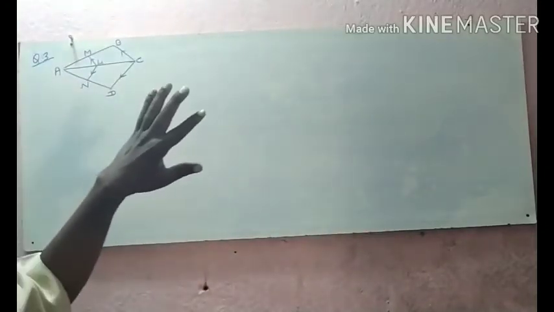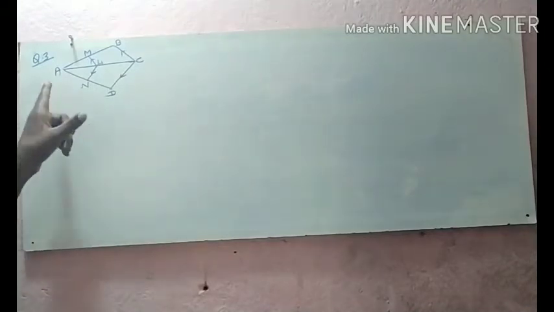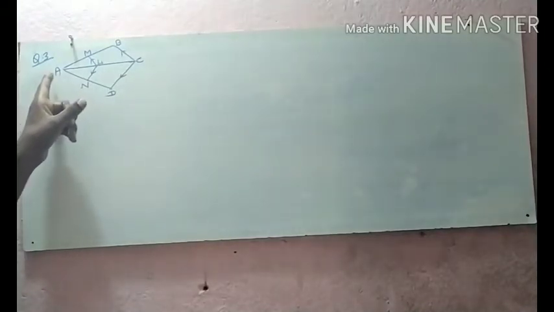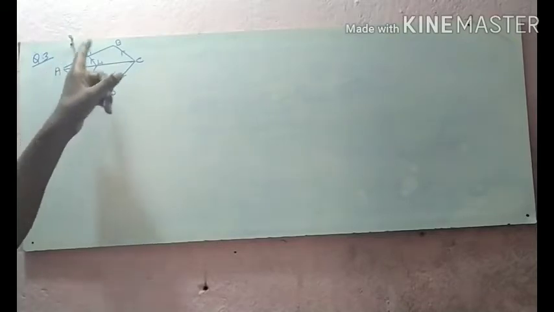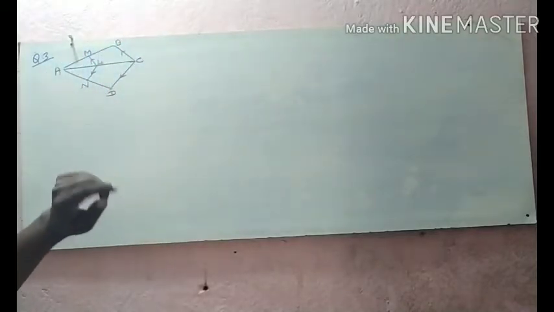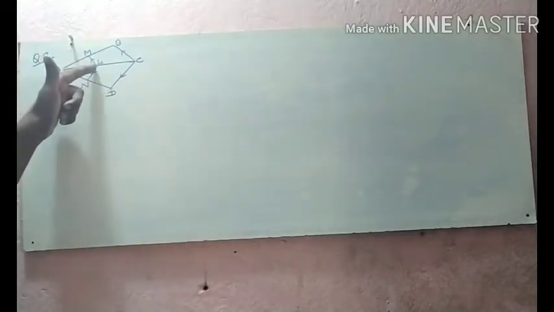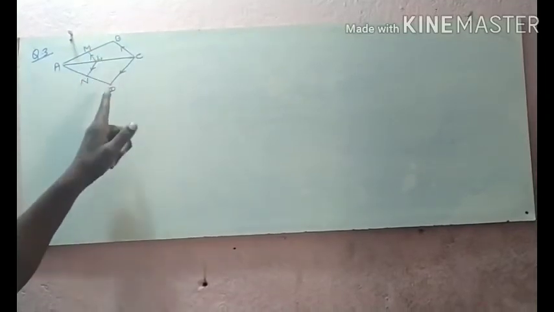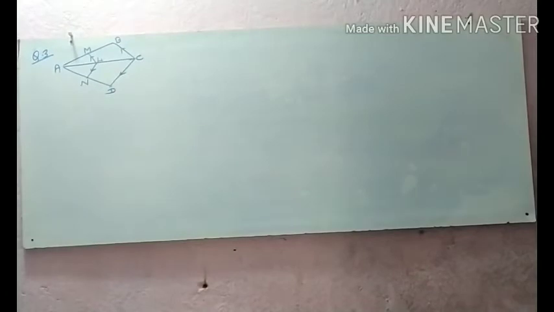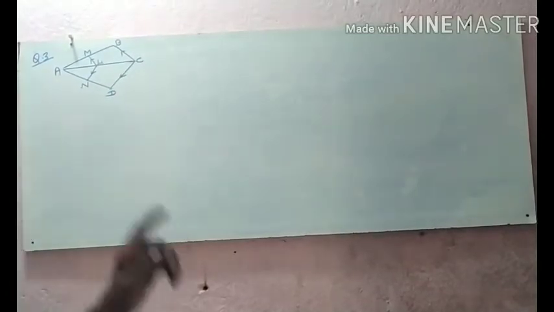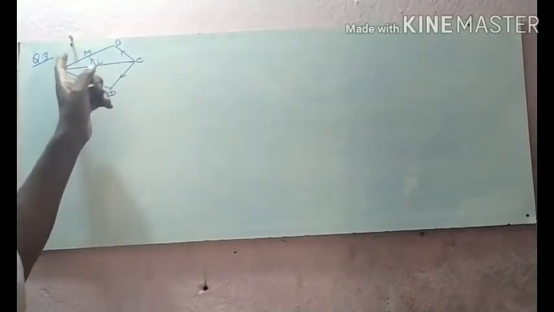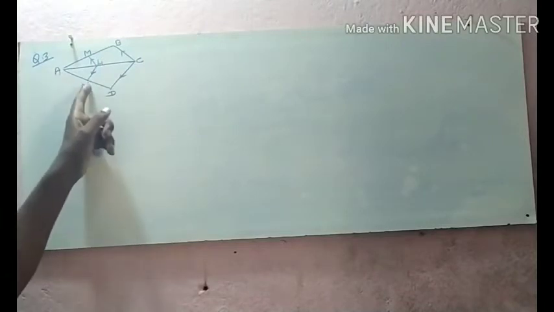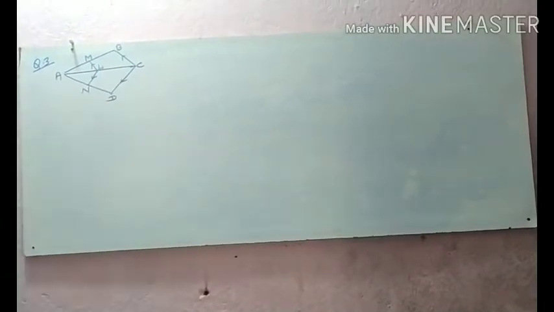In question number 3, according to the problem, we have given that in a figure ABCD, ML is parallel to BC and NL is parallel to DC. Then we have to show that AM by AB is equal to AN by AD.